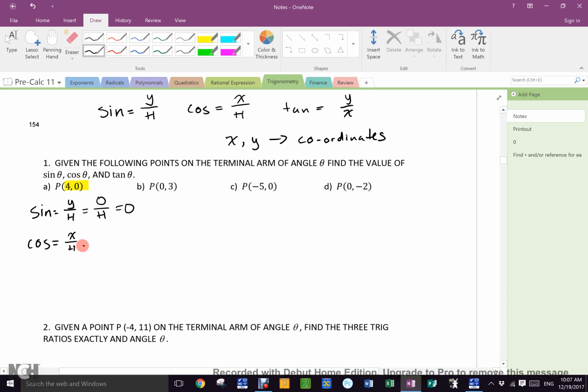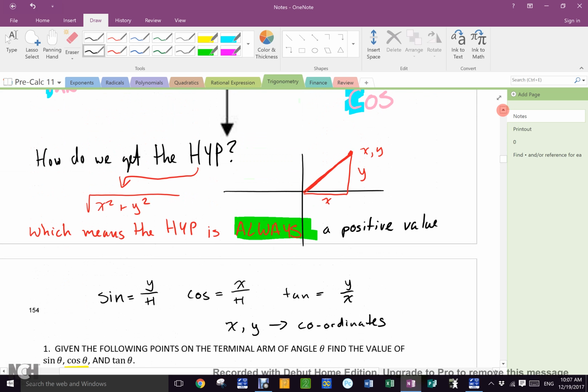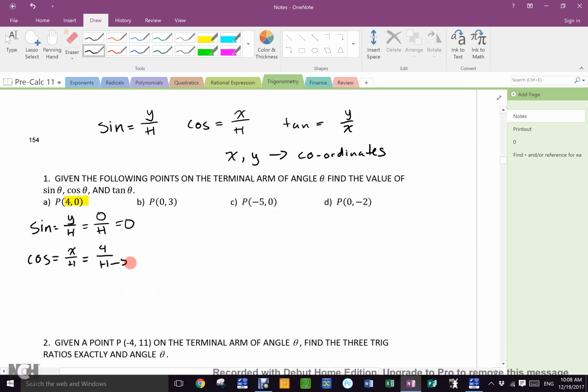What is my cos of this? X over H. What's my X? 4 over H. Uh-oh, I need to know H. Once I need H, what do I have to do? Square X and Y. H is the square root of 4 squared plus 0 squared, right? What's 4 squared? 16.